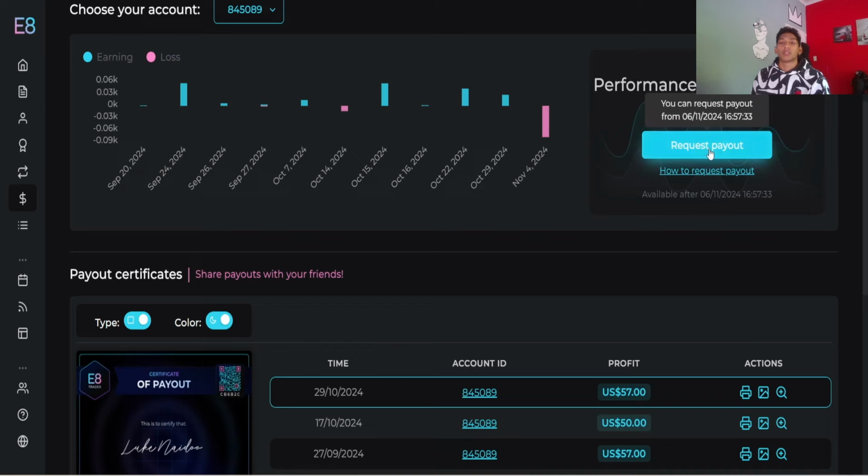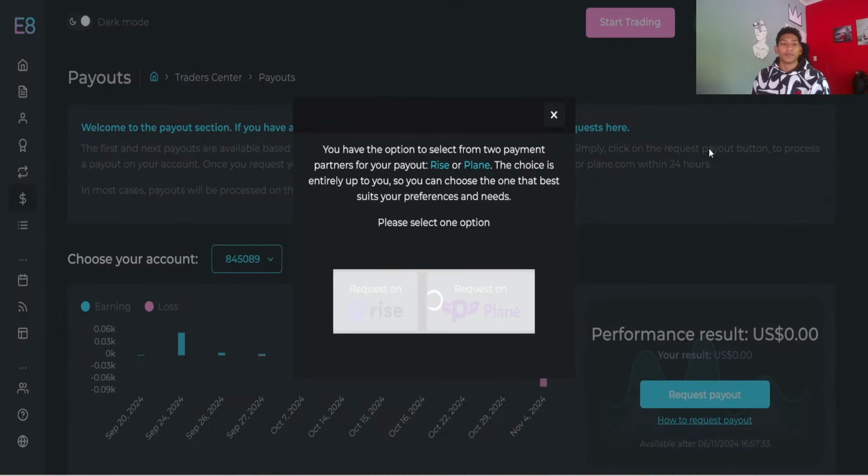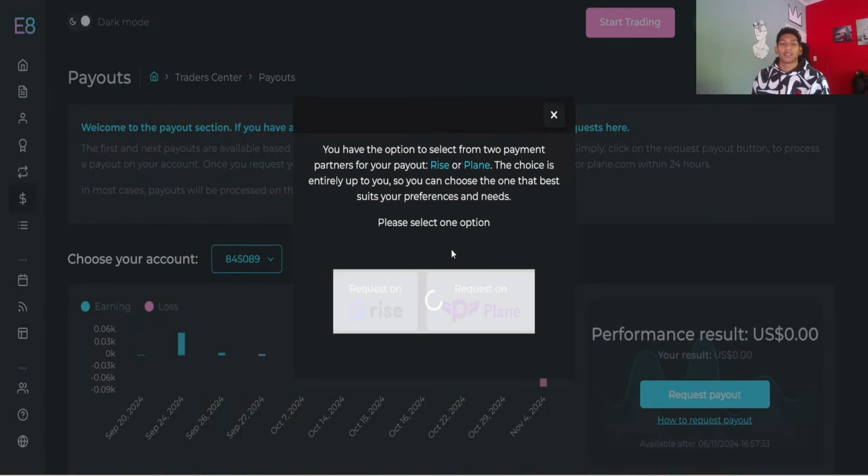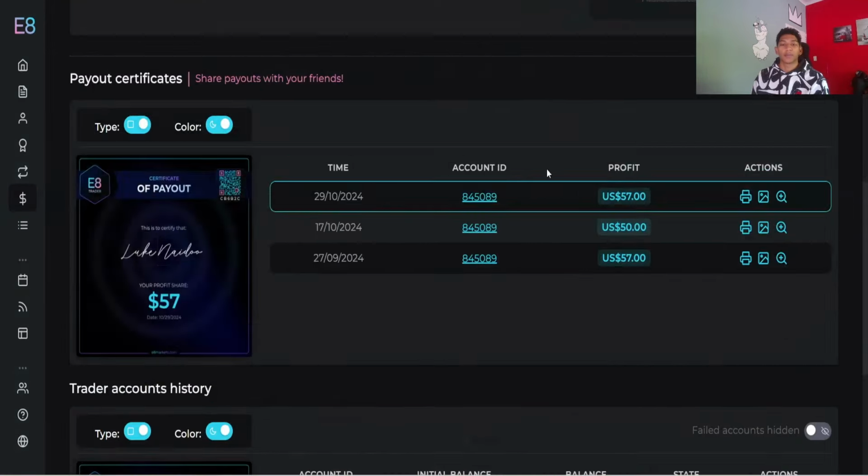So what you do is you request a payout. Okay, well, it's loading. Doesn't really matter, but basically you can request on Rise or Plain. So I'd request on Rise, and you get an email. So let's go check the email.